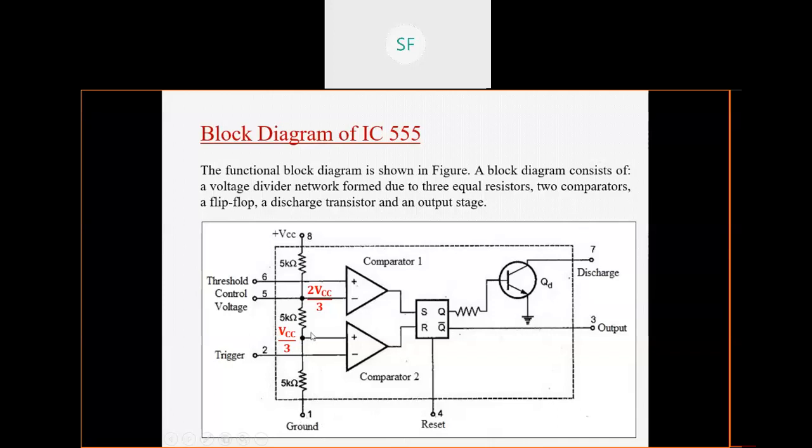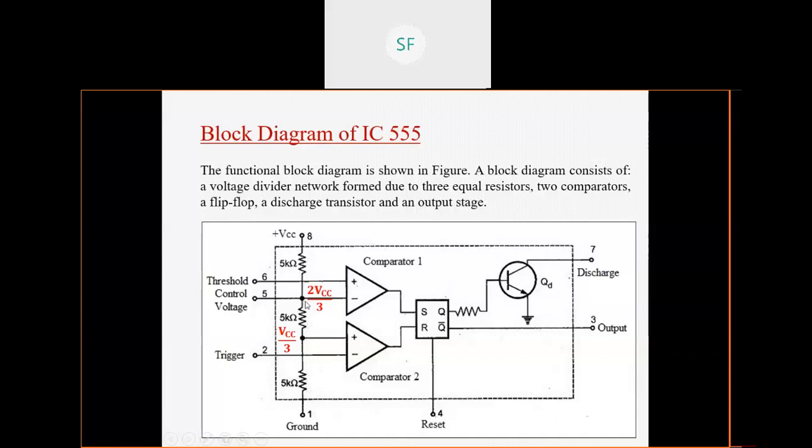Okay. So between pin number 8, that is VCC, and pin number 1, that is ground, you can observe there are three 5 kilo ohm resistors connected. This is the first resistor 5 kilo ohm, this is again 5 kilo ohm, and this is again 5 kilo ohm. Okay, so these points are very important.